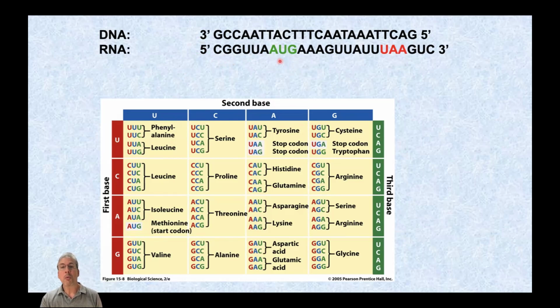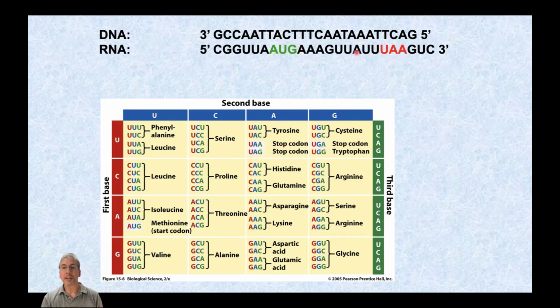In other words, once you identify that start codon, every 3 bases after that represents a separate codon. You keep reading those codons until you encounter a stop codon. Notice UAA, that's a stop codon. There are a few others as well, UAG and UGA. Those are all stop codons.